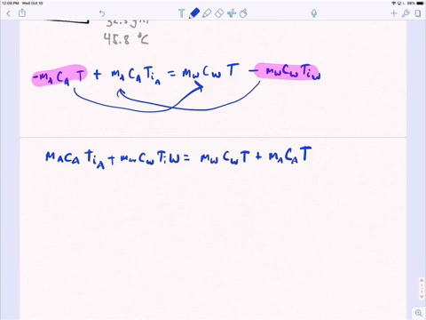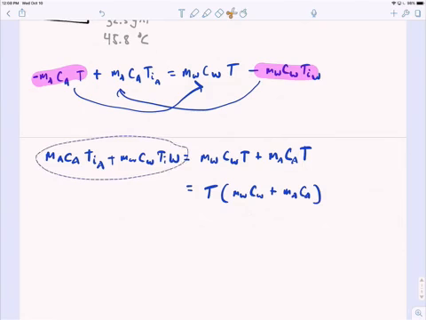Now the next step is, that stays the same. I have to pull out the final temperature, times mass of water, heat capacity of water, plus mass of aluminum, heat capacity of aluminum. Let me copy that.